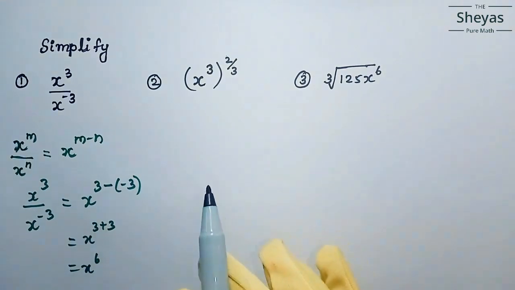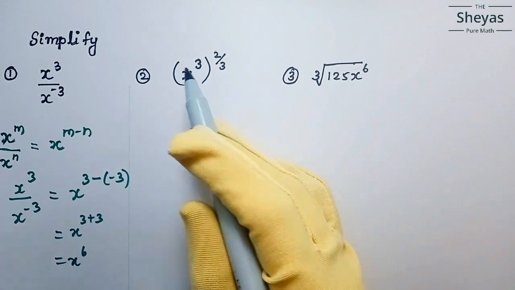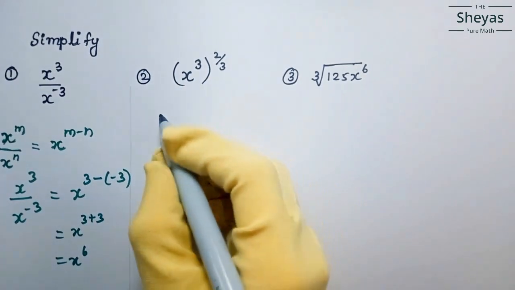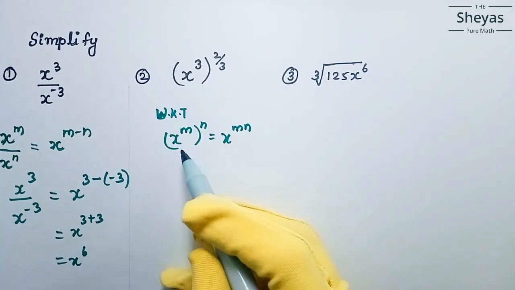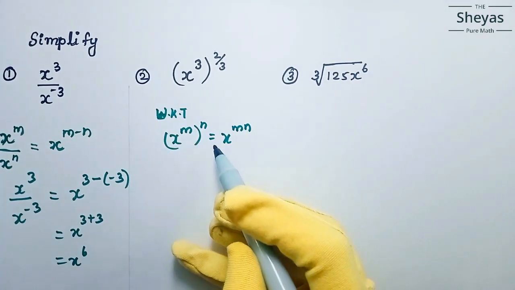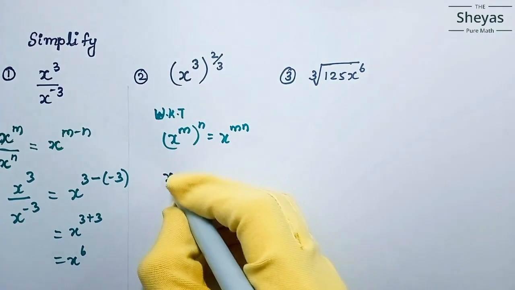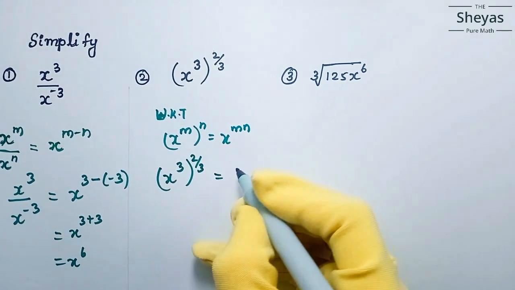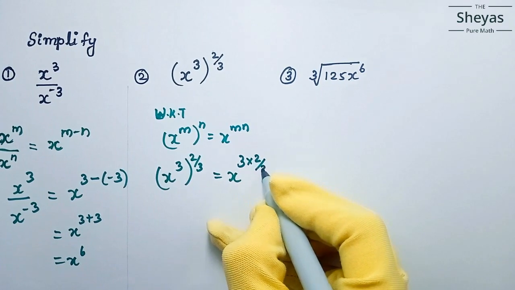Now let us do the next problem. The next problem is x power 3 the whole power 2 by 3. We know the formula x power m the whole power n is equal to x power mn. So x power 3 the whole power 2 by 3 can be written as x power 3 into 2 by 3.